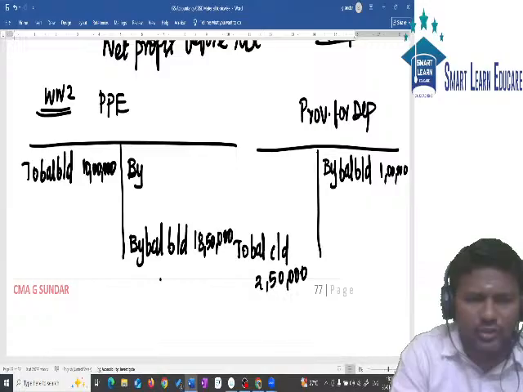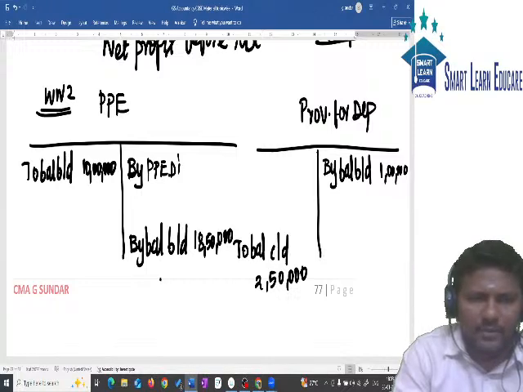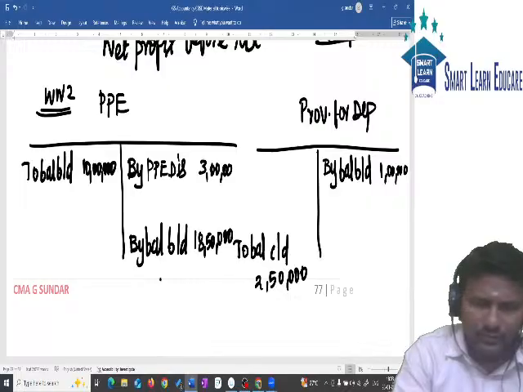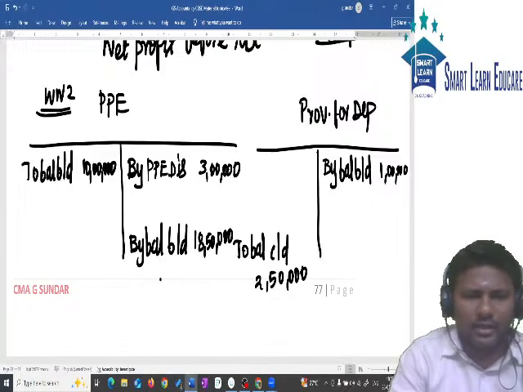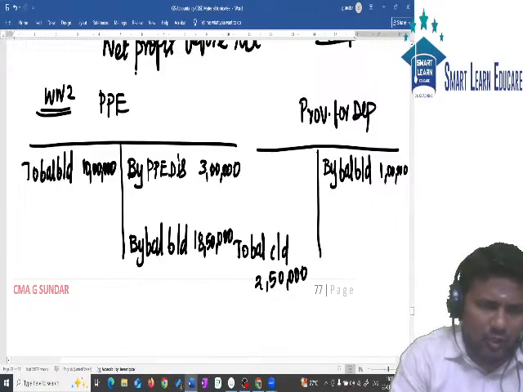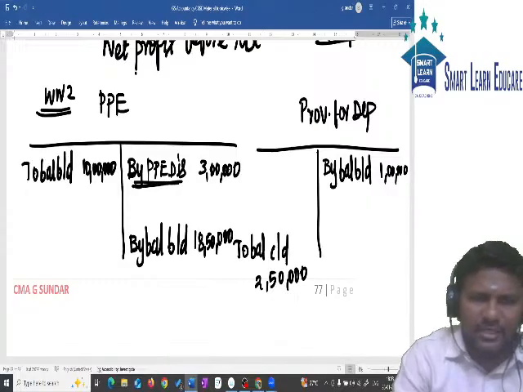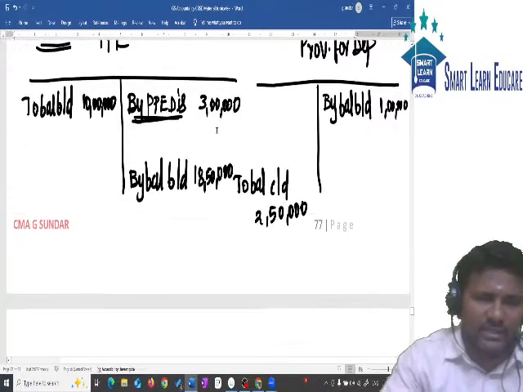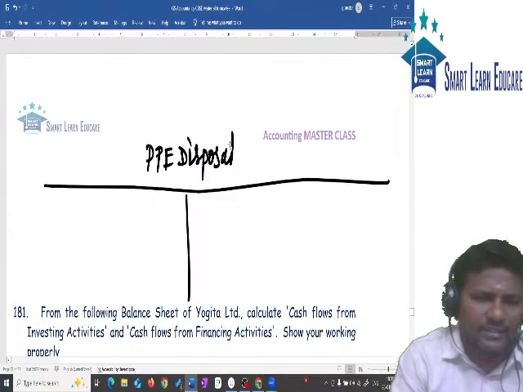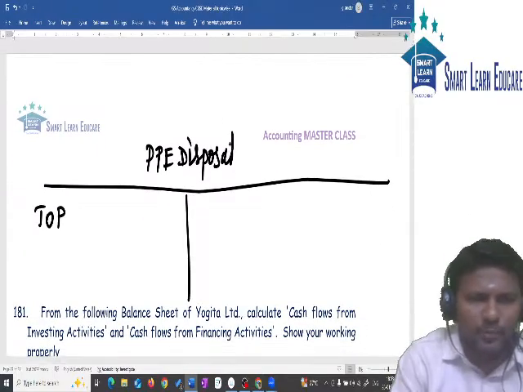Now this machinery is sold. By asset disposal account, by PPE disposal account, it is 3 lakhs, correct? And in the provision for depreciation account, it is by provision for depreciation to asset disposal account. Upper in the asset disposal account it is to PPE.